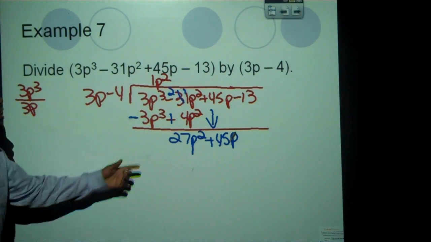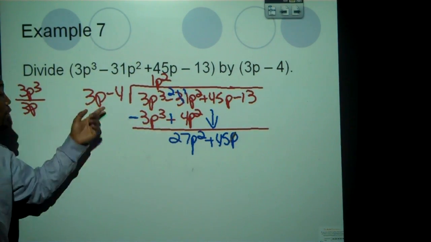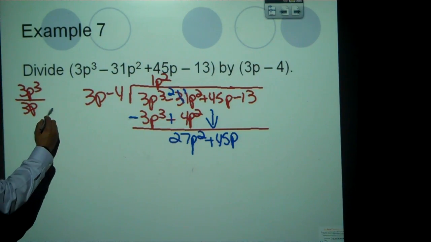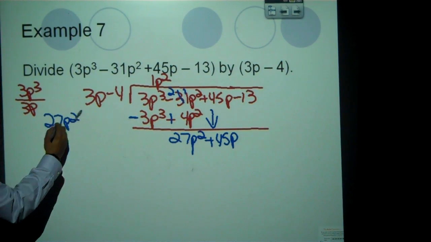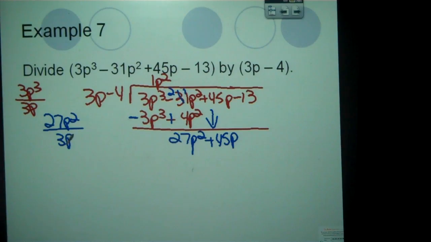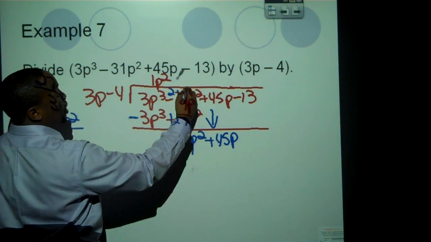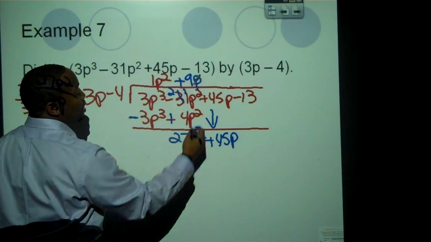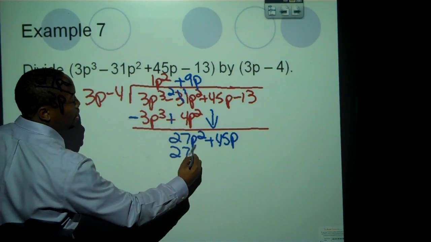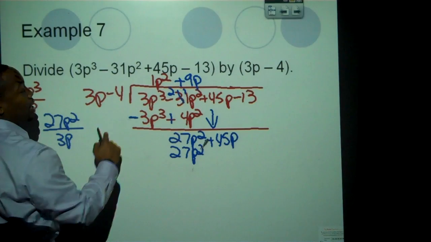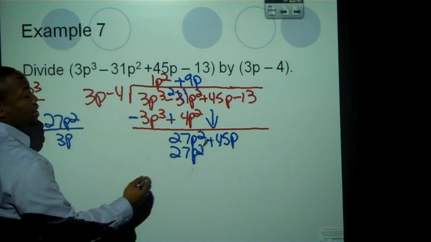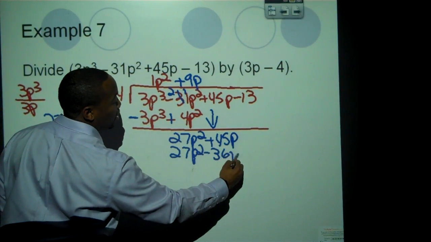Now how many times does 3p go into 27p squared? 27p squared divided by 3p will give me 9p. So that's a plus 9p. So I get 27p squared. And then 9p times negative 4 is a negative 36p.